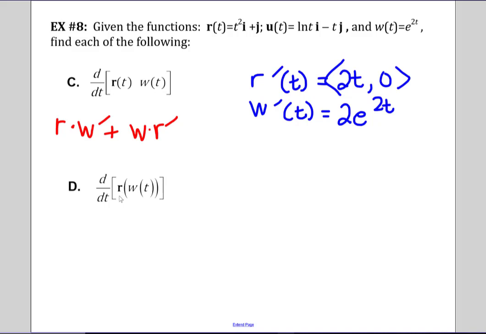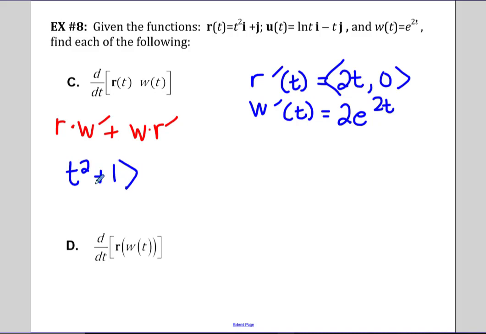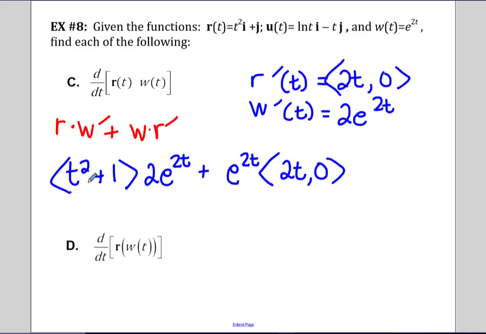And following our rule for the derivative of the product rule, we would have t squared plus 1 times w prime, which is 2e to the 2t, and then w was e to the 2t with r prime, which is 2t and 0, and then combining terms, let's pull out a 2e to the 2t, because we can take this 2 out with this one.